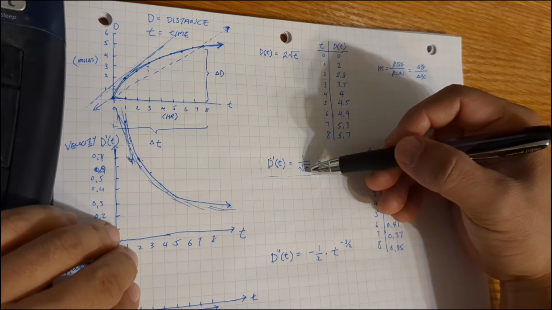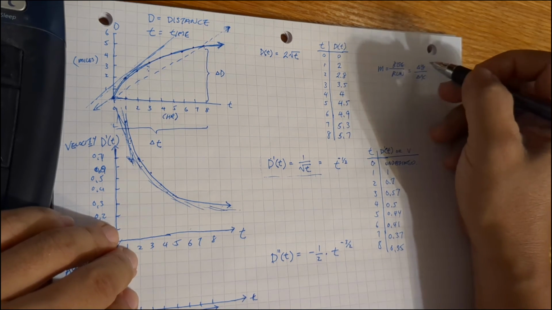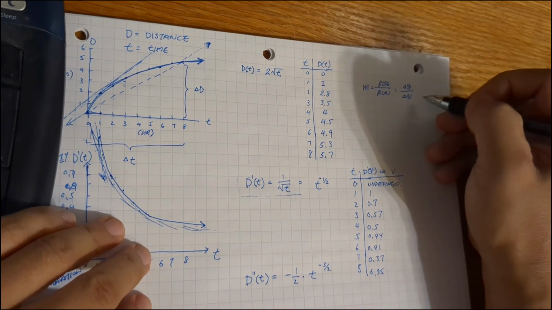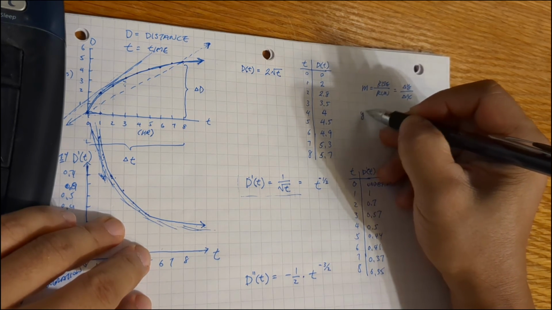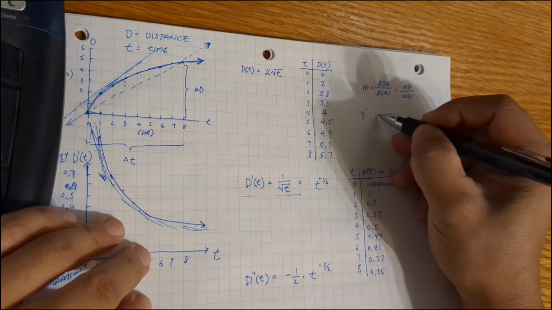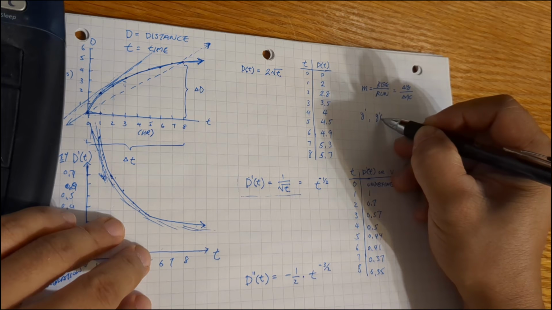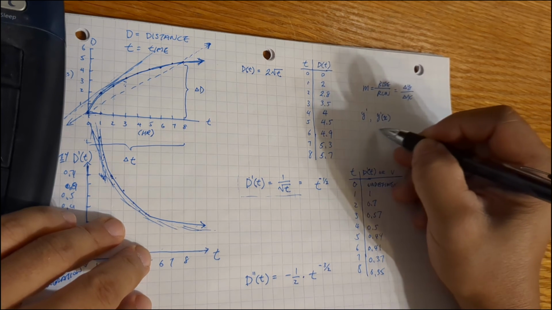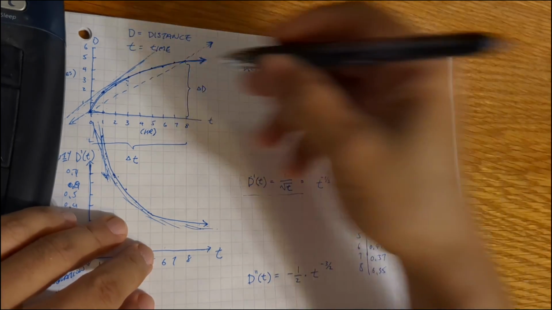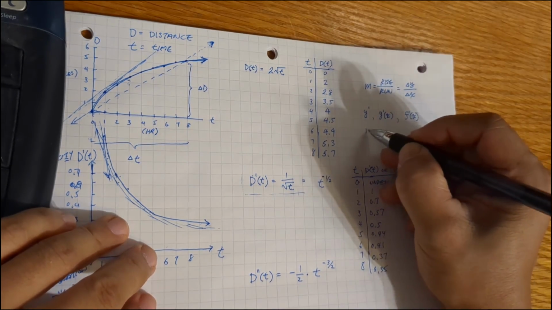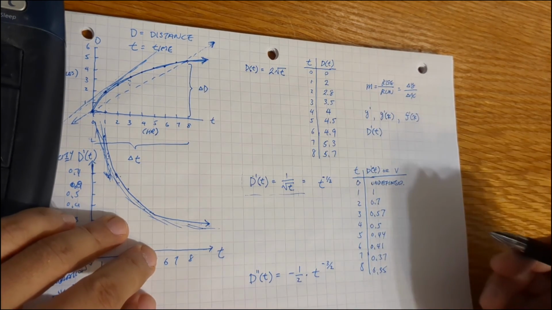And that's why a lot of times for differentiation, in addition to y prime of x or f prime of x, or in this case d prime of t, which we said here.